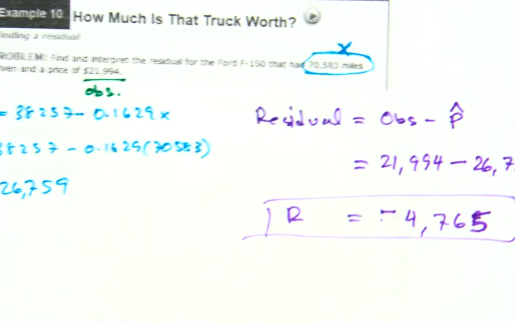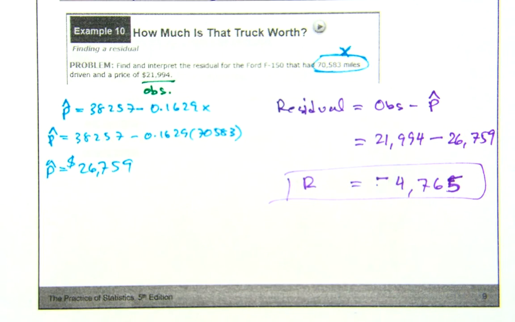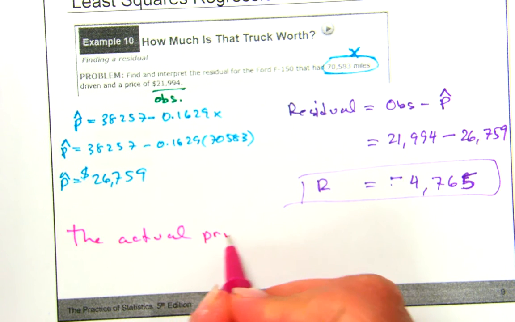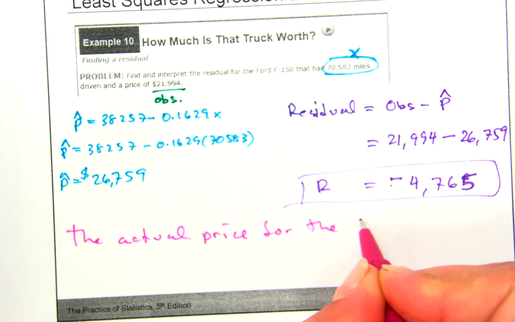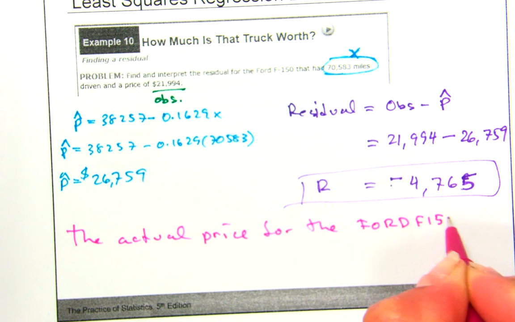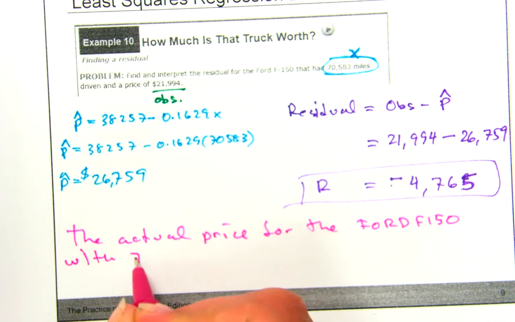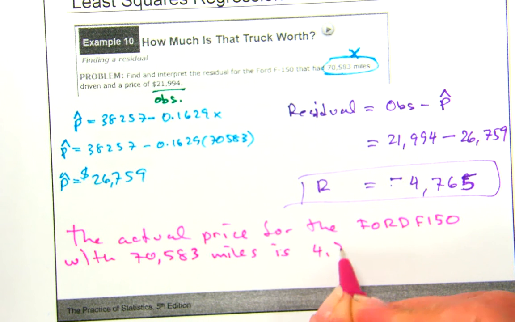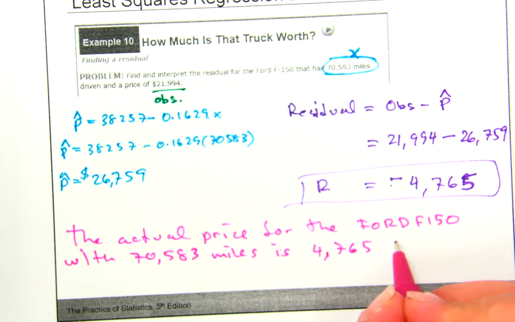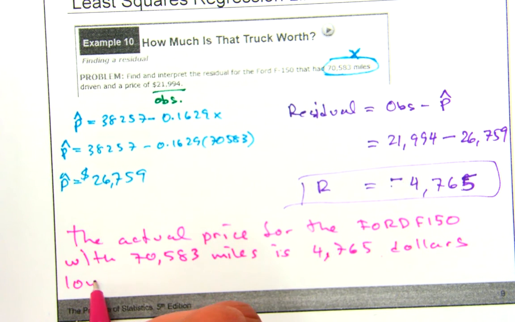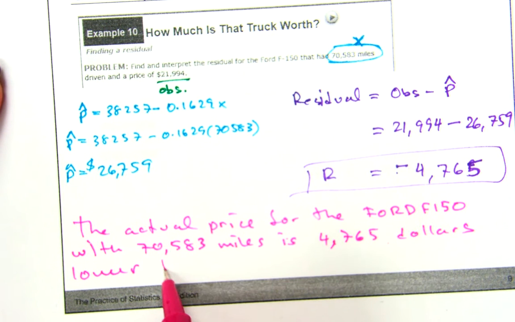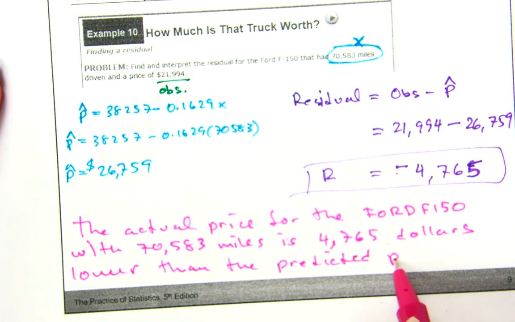Okay, here we go. Here is your write-up. The actual price for the Ford F-150 with 7,583 miles is $4,765 lower than the predicted price.